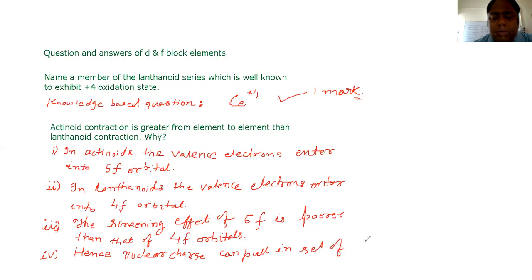the set of shells like 7s2, 6d 0 to 2, and 5f 0 to 14 with more effect. This belongs to what? Actinides.